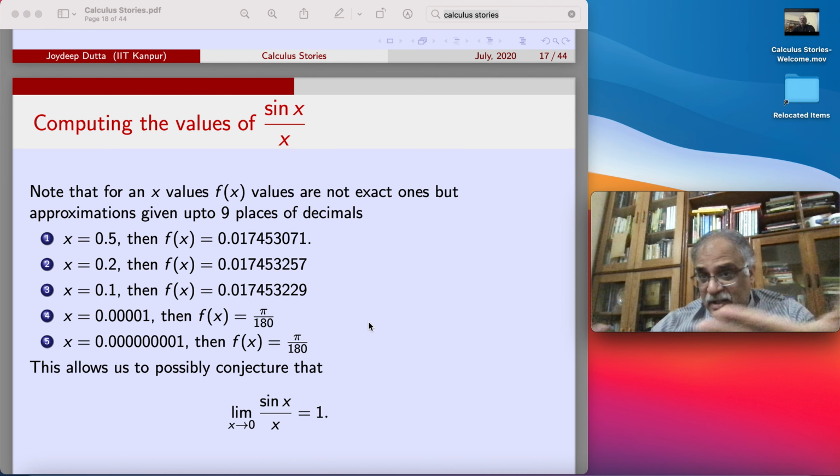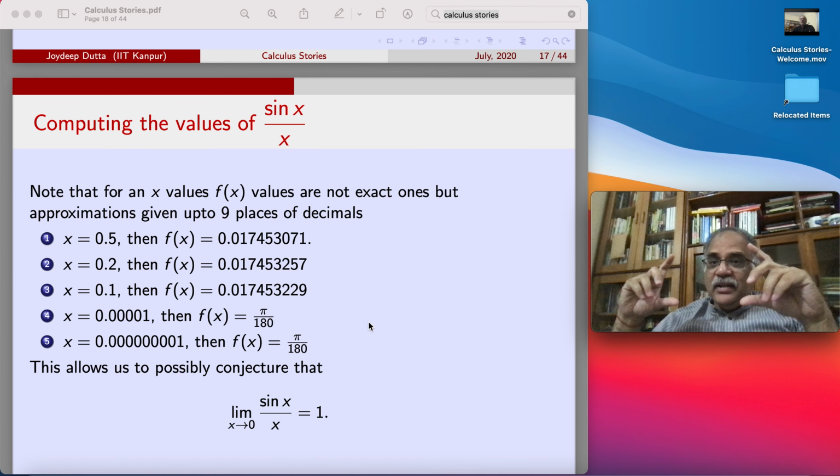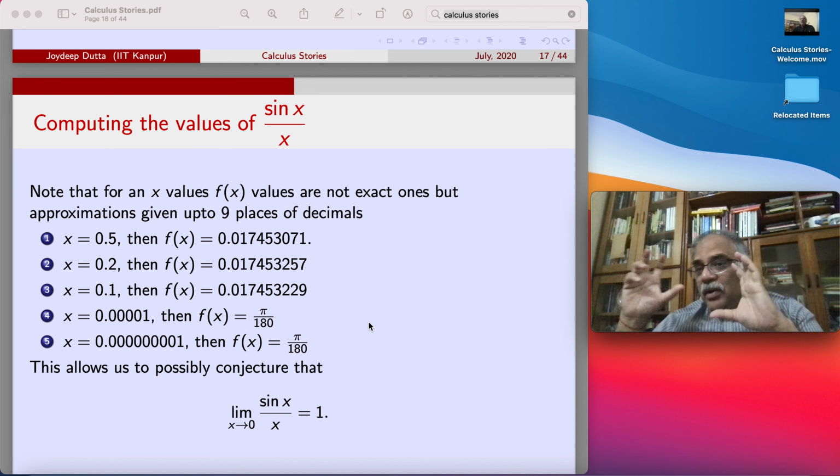It is writing on the screen that it is equal to pi by 180, right? I tried a lot. Here you see after 0 there are 8 zeros. I started with 10 zeros, 12 zeros. It just writes pi by 180. I was wondering what pi by 180 is.